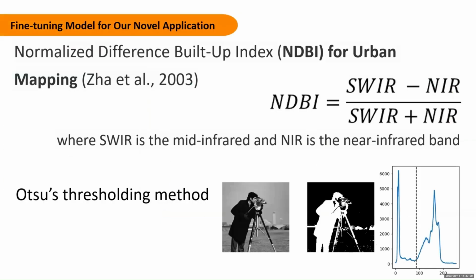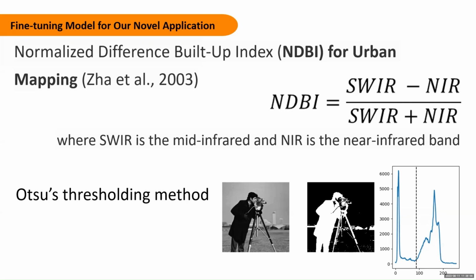And afterward, we decided to build our own novel model. We came up with the NDBI index, which is normalized difference built-up index. I'm very bad with the names. For setting this index, we used the Otsu thresholding method, which was done through intensive coding in Python.